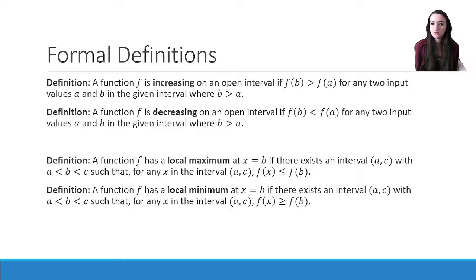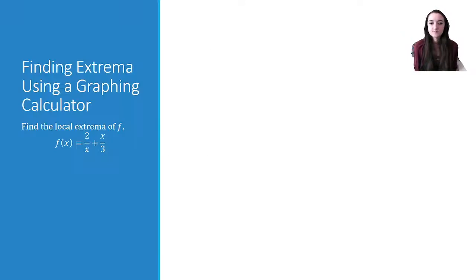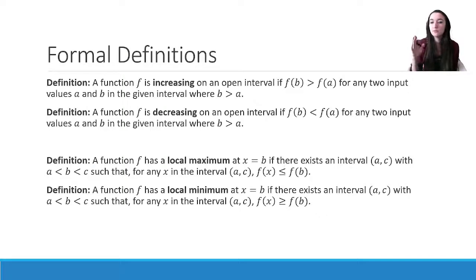And it's a local minimum if every other output value in some interval around it is greater than the output value of f of b. Remember the output value being y, meaning the y value, f of b is y, etc. So you don't necessarily need to memorize all of these formal definitions, but you do need to understand them conceptually, and that's what all of the graphs from the previous slides were about.